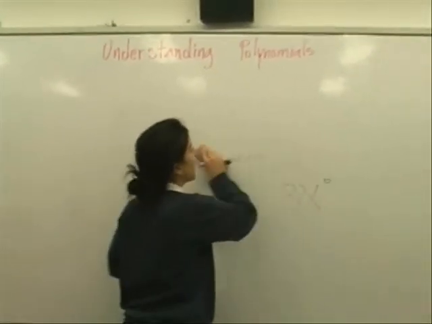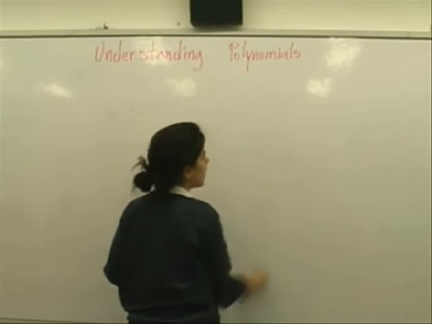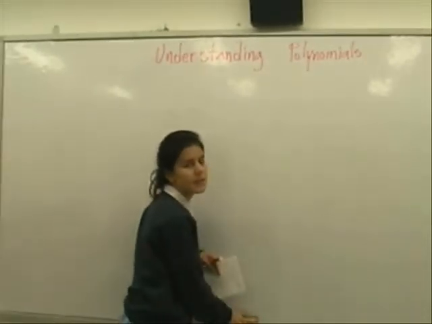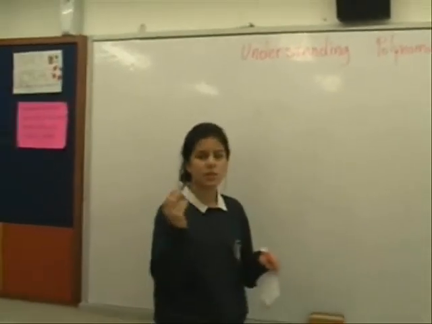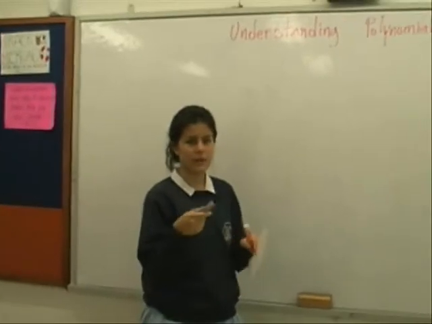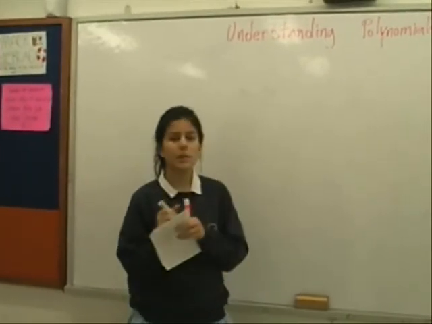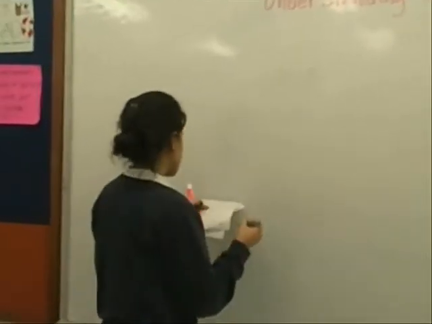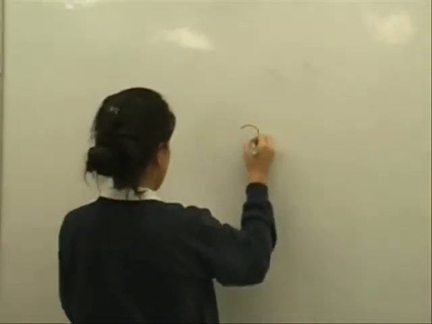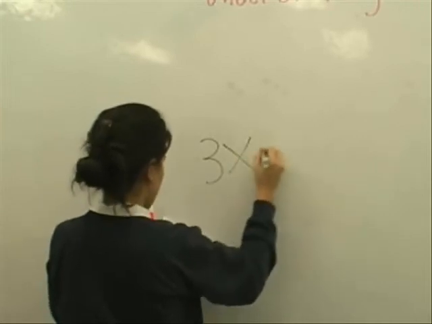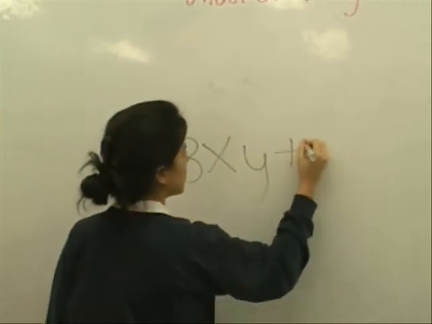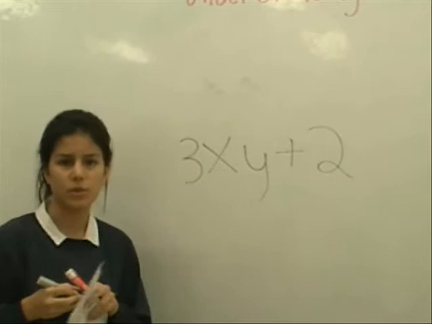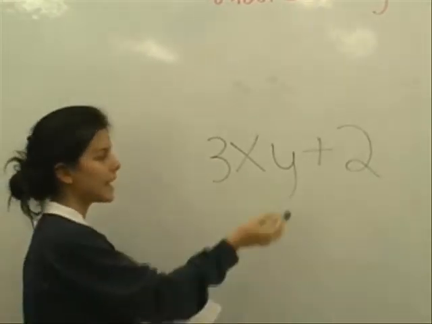I just talked to you about polynomials in X because they contained just one variable, and that variable was an x. But polynomials can have more than one variable. For example, 3xy plus 2 is a polynomial in 2 variables, a polynomial in x and y.